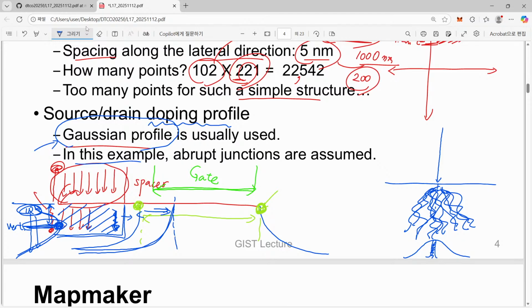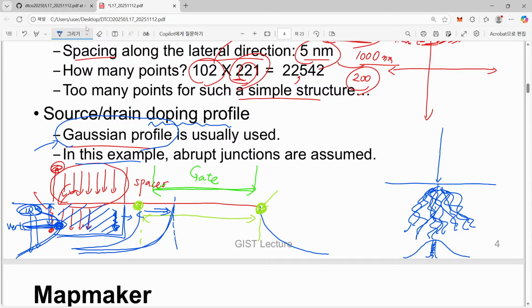Then you will find that although you tried to make a certain device, your device suffers from short channel effect. You thought you had a sufficient margin for this device, but your device shows quite degraded properties, and such a bad effect comes in. So source drain doping profile control is critically important.